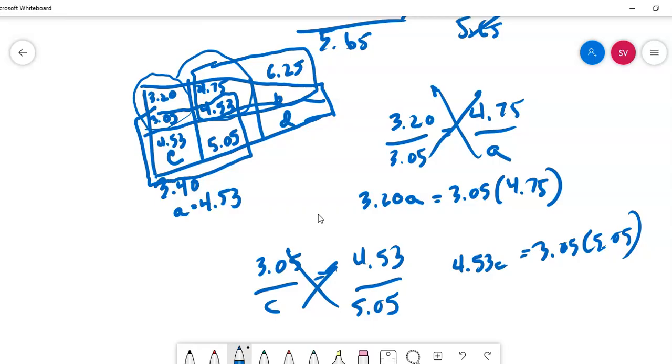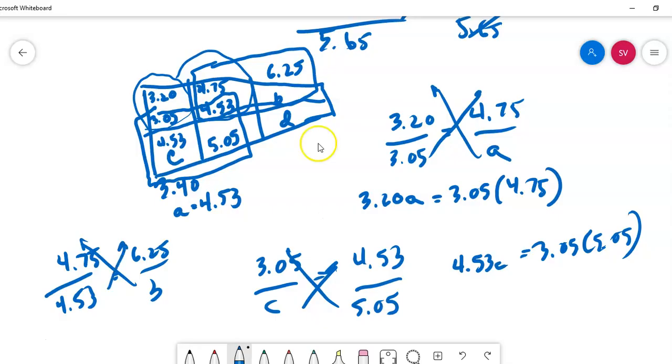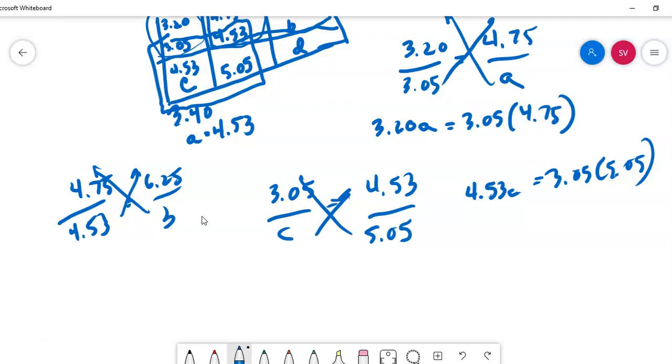So now we can use these three dimensions. 4.75 is to 6.25 as 4.53 is to B. So now we could cross multiply again, and we get 4.75B is equal to 4.53 times 6.25. So that gives us 28.3 divided by 4.75. Now you get 5.96.